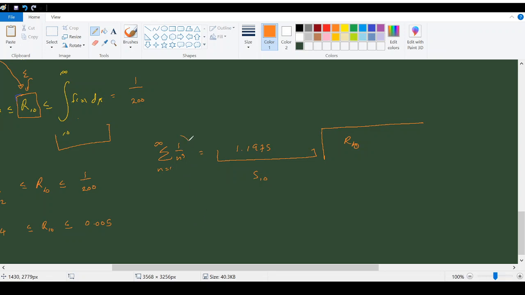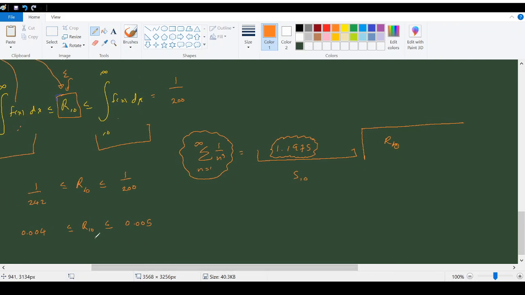So that means the actual value of this series and the addition of the first 10 terms will have a difference of no more than 0.005. If we write the series to be equal to this number, 1.1975, then definitely there will be an error.